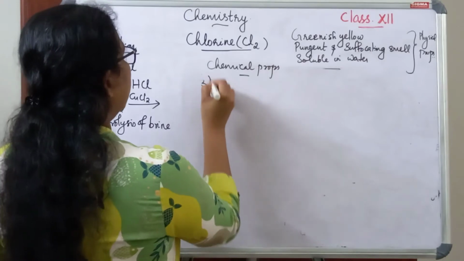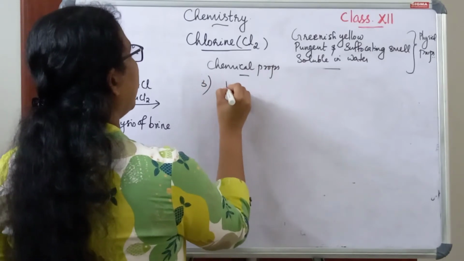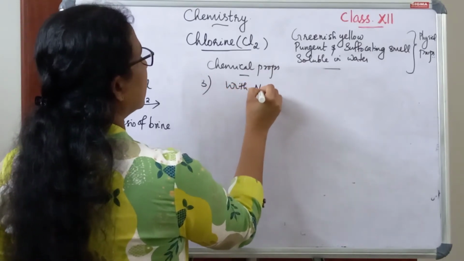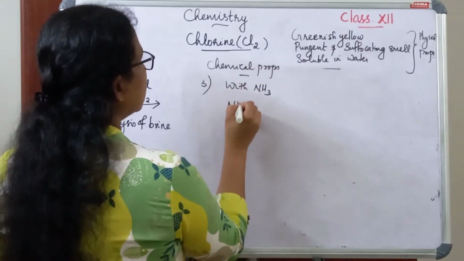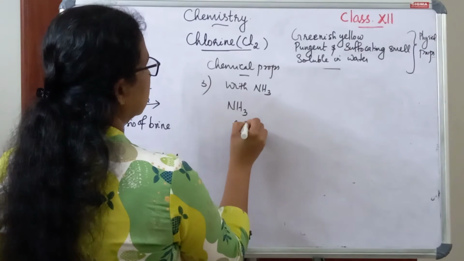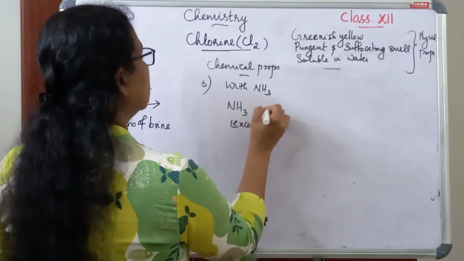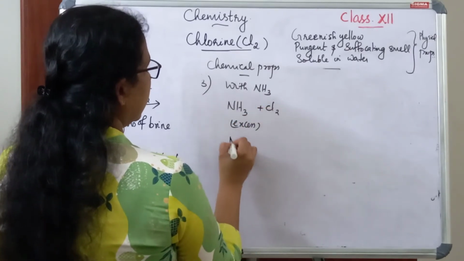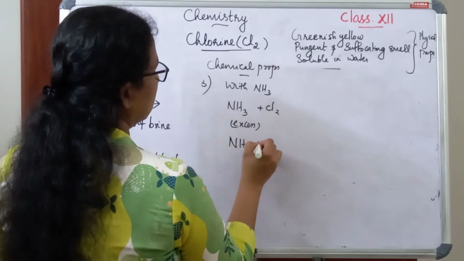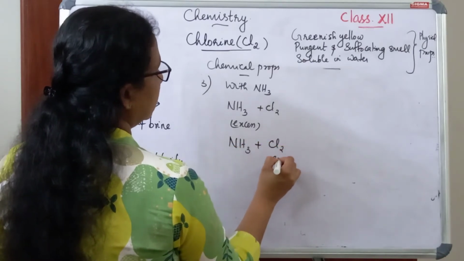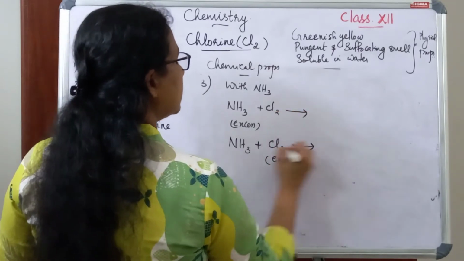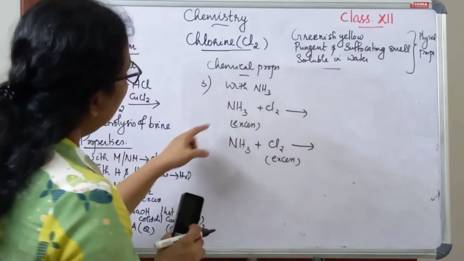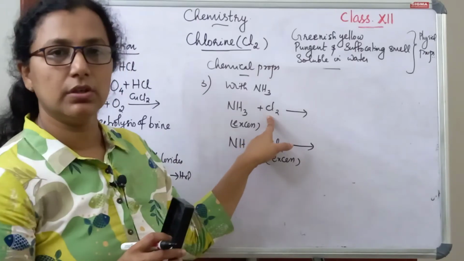So the third point is with ammonia. In the first case we need to take NH3 in excess, and in the second case chlorine is taken in excess. So these are the two sets of reactions where ammonia reacts with chlorine.